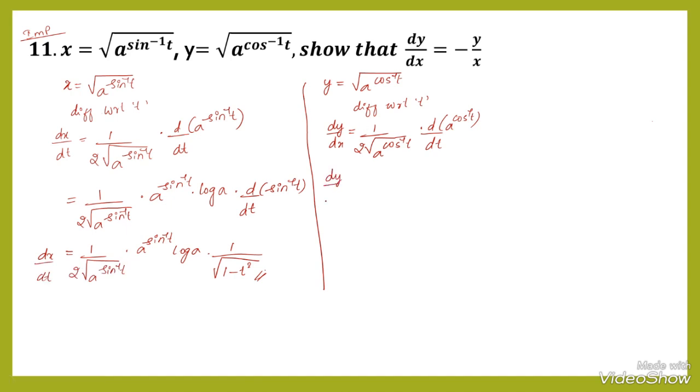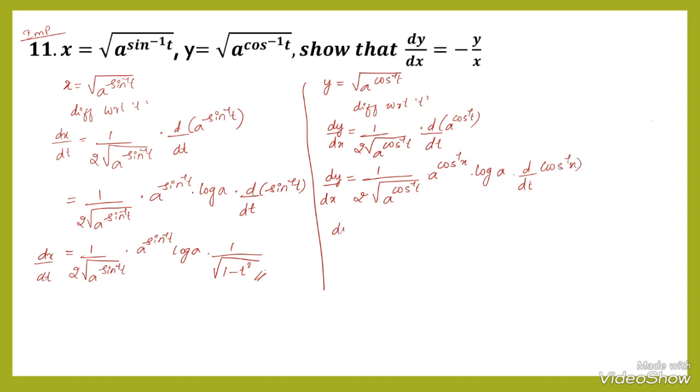Then again, dy by dt is equal to 1 divided by 2 into root of a to the power cos inverse of t. Here a to the power x is of the form, so I can write a to the power cos inverse of x into log a. Again, in place of x we have cos inverse, so I can differentiate.